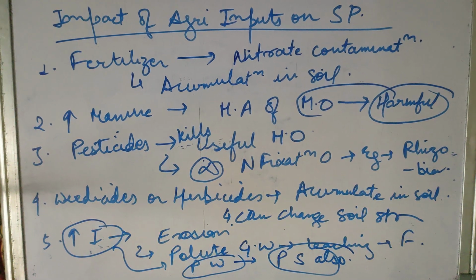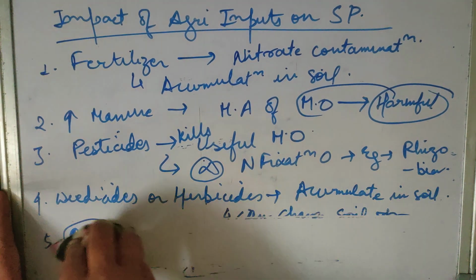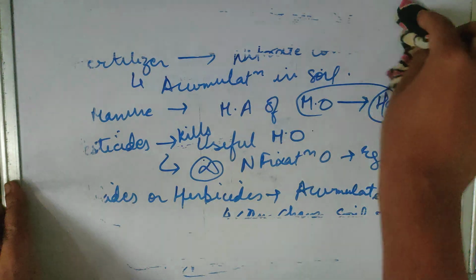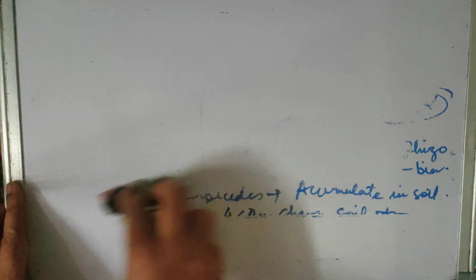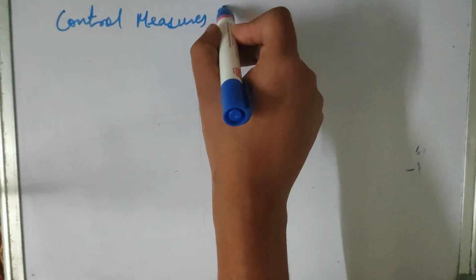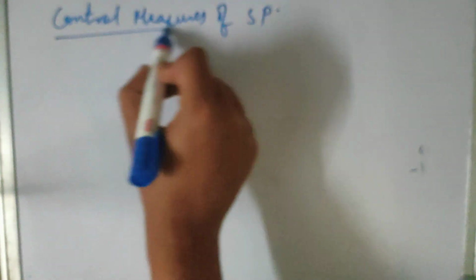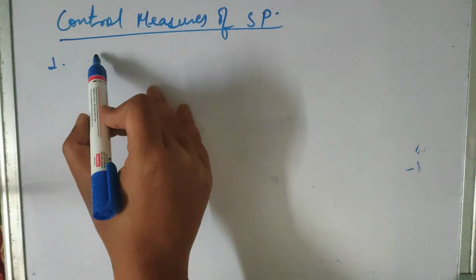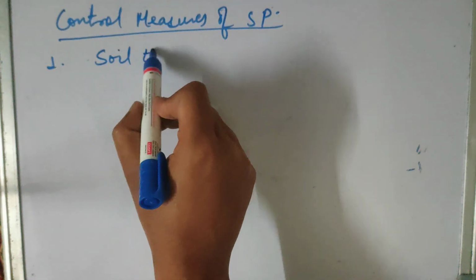Now moving on, what are the control measures of soil pollution? How can we control this? First of all, we need to control soil erosion.